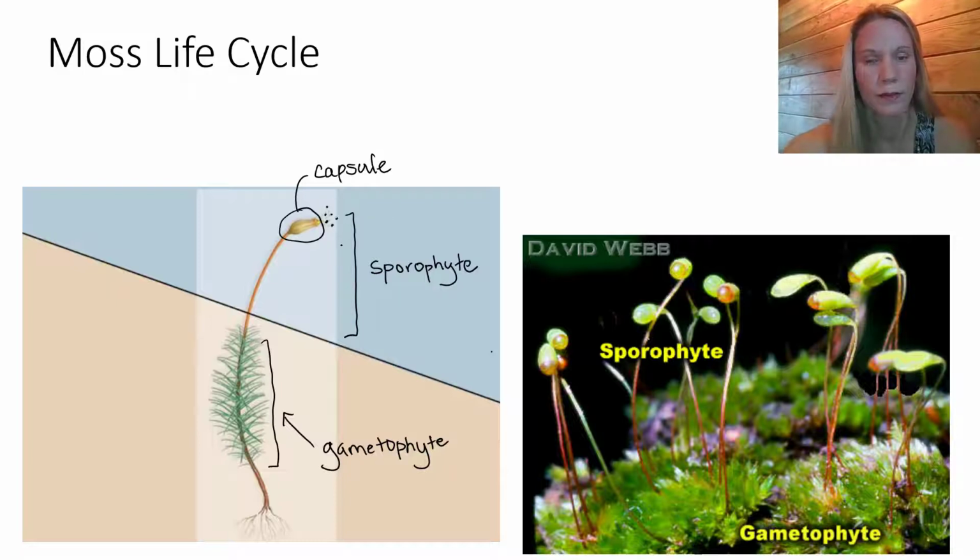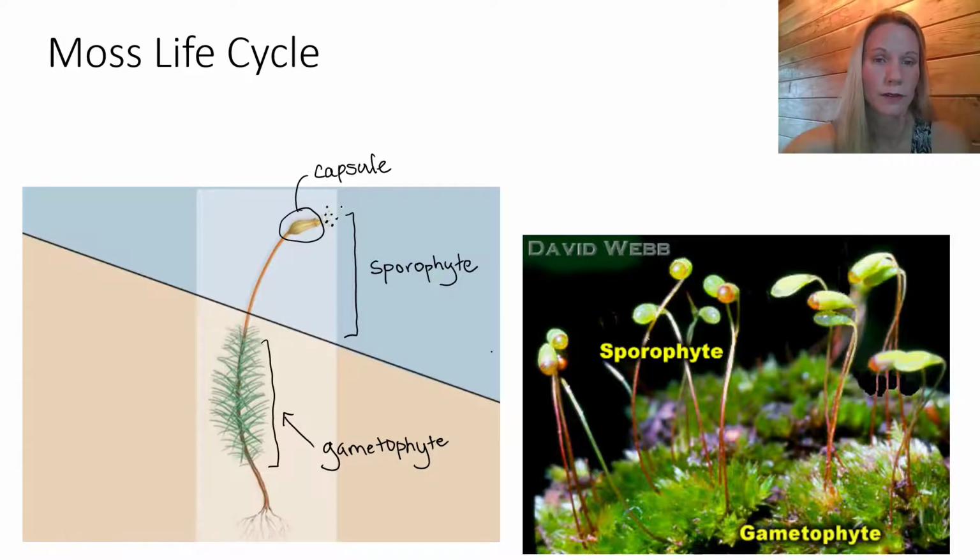What are these little dots? Well, if that's the sporophyte, what do you think it is? Sporophyte means spore-producing plant. Therefore, this is the structure of the plant that makes the spores. So these would be spores.